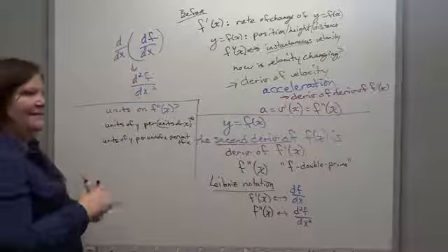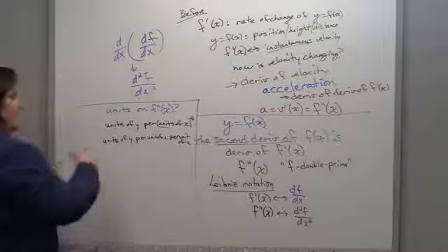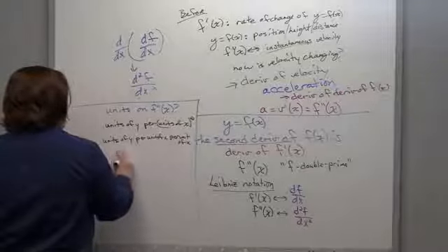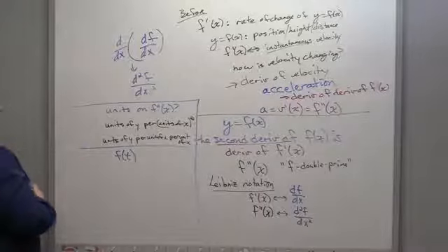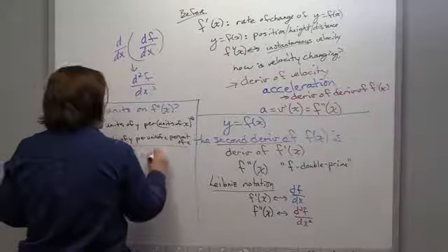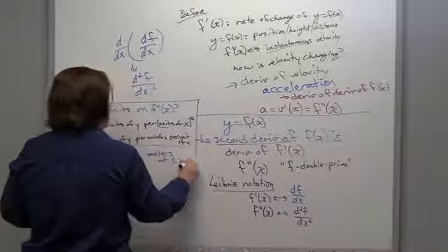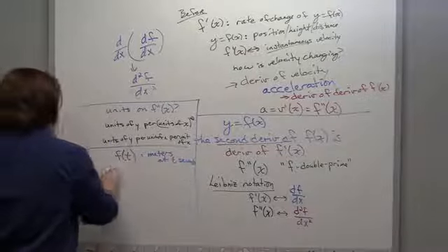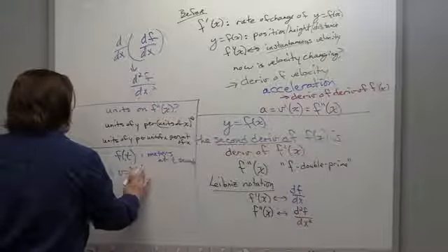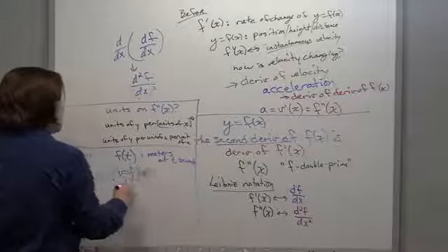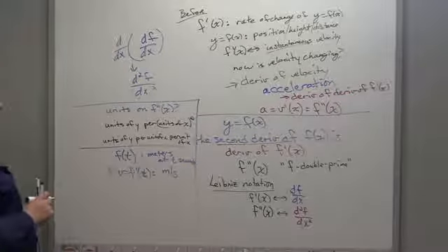That is weird, but in the case of acceleration and velocity, we may realize we've seen this before. If we're thinking of this in meters at t seconds, then our velocity would be in meters per second.